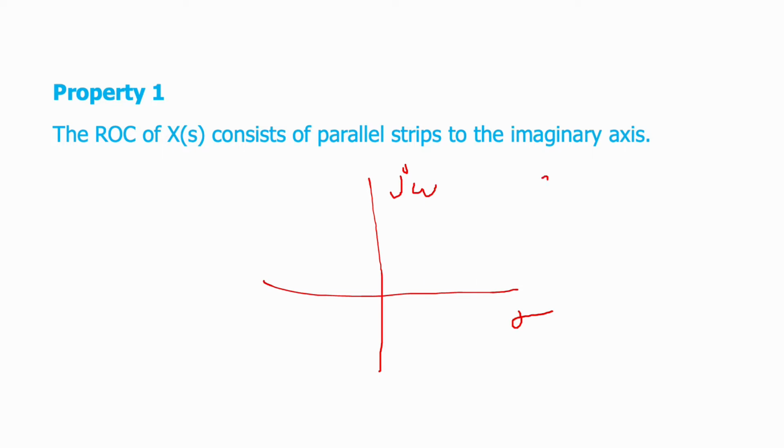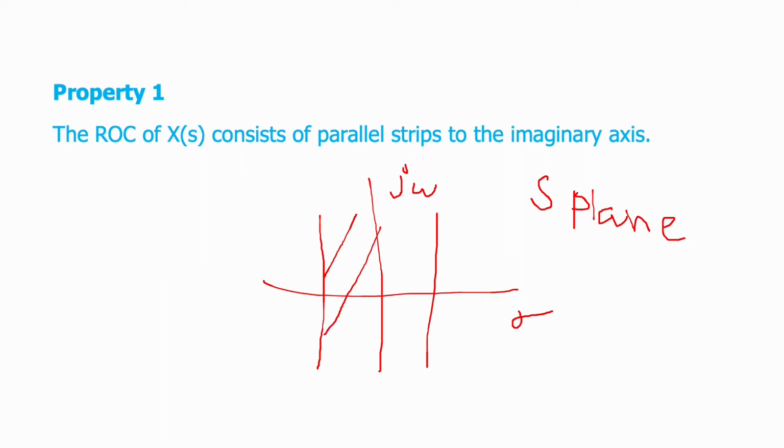This is called the s-plane. So in the s-plane, the ROC consists of parallel strips to the imaginary axis. Imaginary axis is j omega. So the region of convergence is the parallel strips. This is called region of convergence.